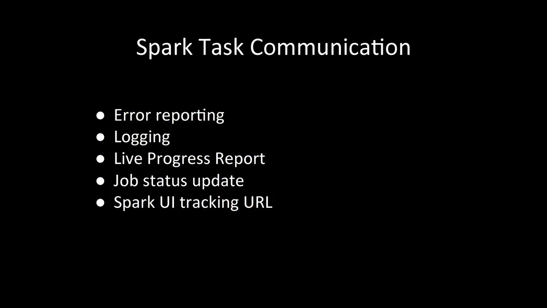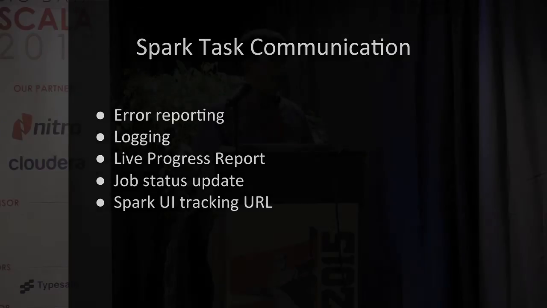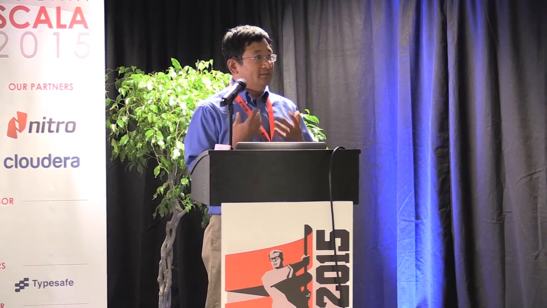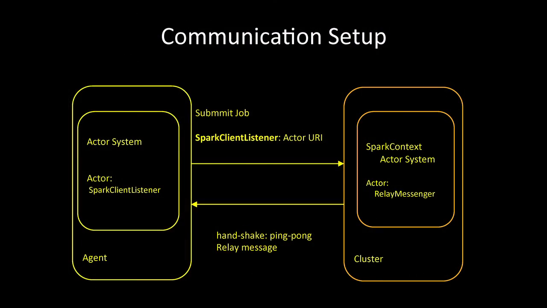The second set of changes is about task communication. As I mentioned, it's a batch job in Yarn cluster mode, so there's no communication back. How do you do error reporting? How do you get live progress reports? So what we did is this. When we submit the Spark jobs, we create a Spark client listener on the agent side, our client side.